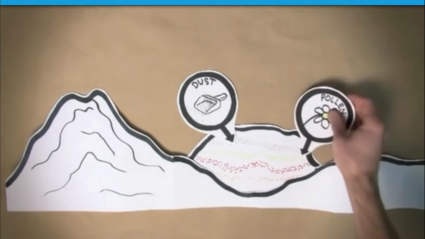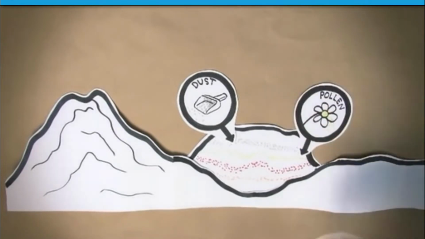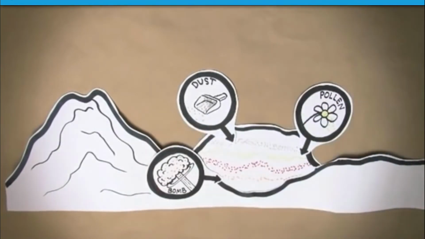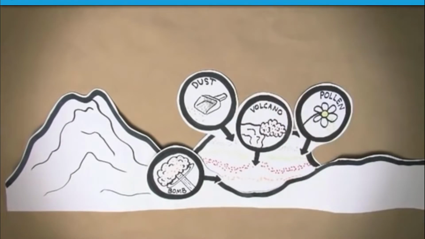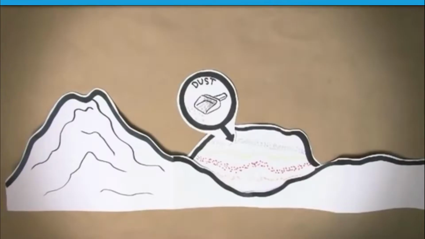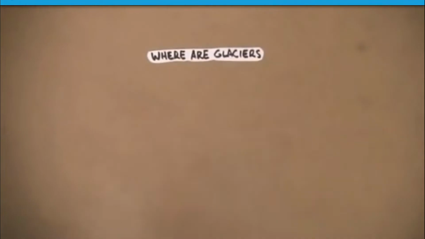Pollen. Was it wet? Was it dry? We can actually even see bomb testings, volcanic ash. They can see volcanic eruptions that occurred. This kind of information can really help us look into the past and look at climate and what the atmosphere or the climate around that region was like. Where are glaciers found?